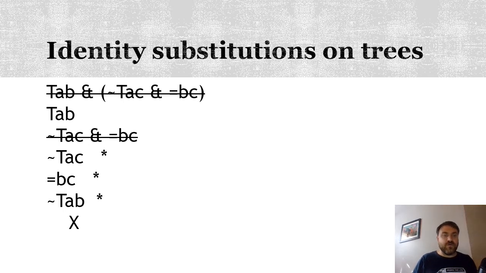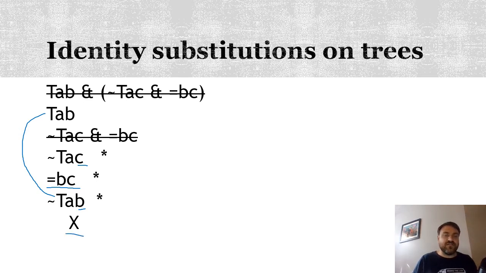So the idea is that we've substituted the C here for the B because B and C are identical. They're the same thing. Okay, and so if it's true that A does not bear the T relation to C, well then A also does not bear the T relation to B because B and C are the same thing. And so what we've done is substitute the C for the B here and put it down here, and there you see that these two things are the negation of each other, and so the tree in fact does close.